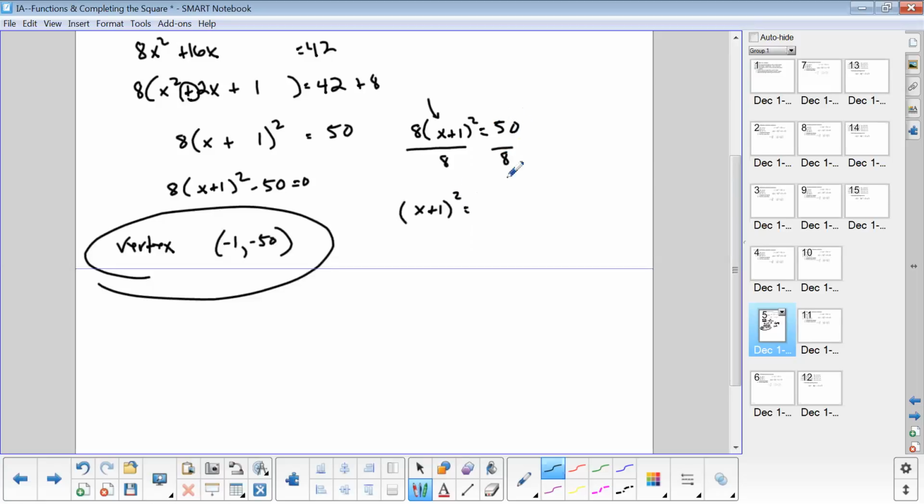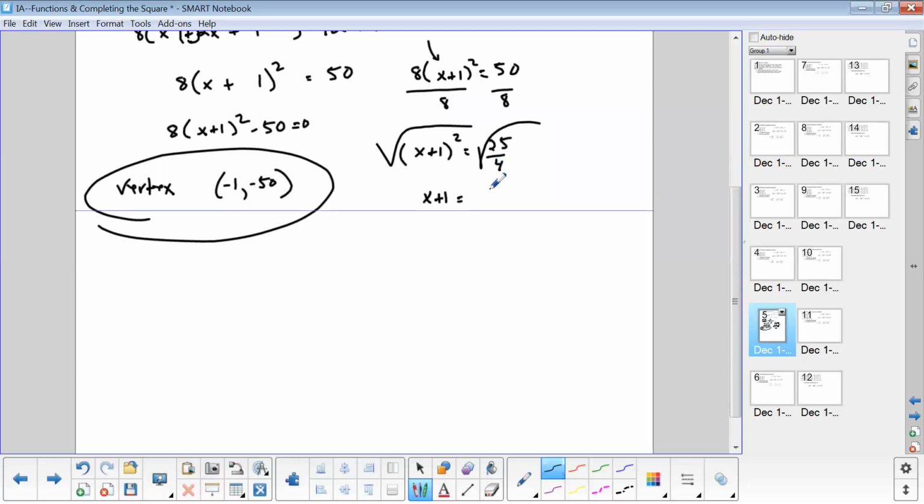So 50/8 is the same as 25/4. Now I've got a squared term, so I'm going to square root both sides, and that'll give me x plus 1 equals the square root of 25 and the square root of 4, which would be 5/2, and x plus 1 equals -5/2.